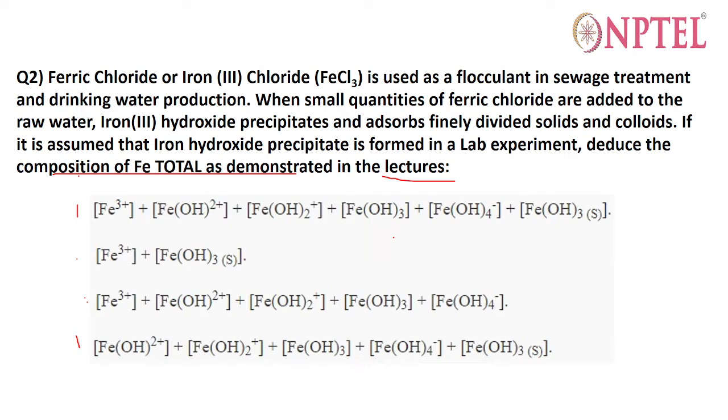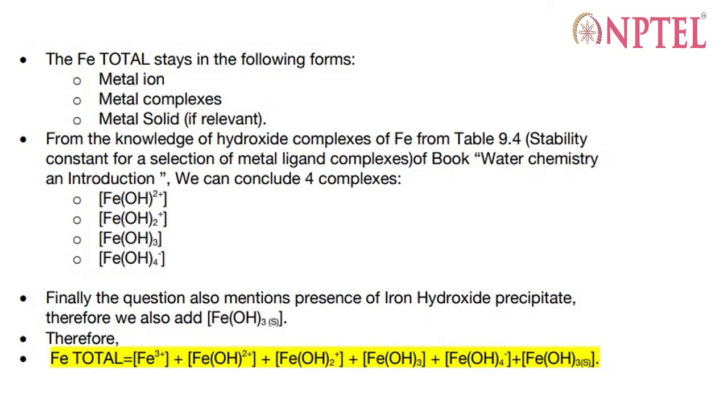Okay, I got an answer from Anurag. Yes, this is the first one. This is the correct one, right? I will try to explain a little bit. It's a conceptual one, so you can go and check. Mostly there will be metal ions, then metal complexes, and also solid, if present.